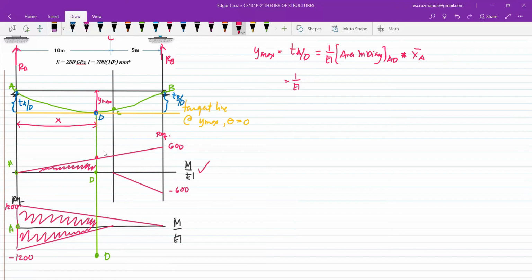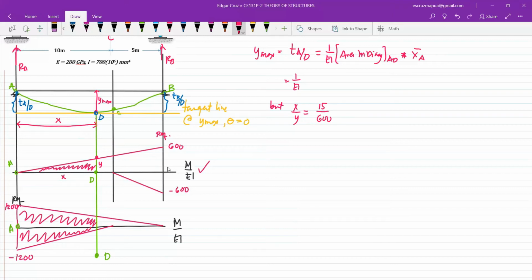Okay, so let me call this as say Y. Tapos ito yung X natin eh. Okay? So, i-relate muna natin. X is to Y, similar triangle, as to 15, di ba? 15 is to 600.